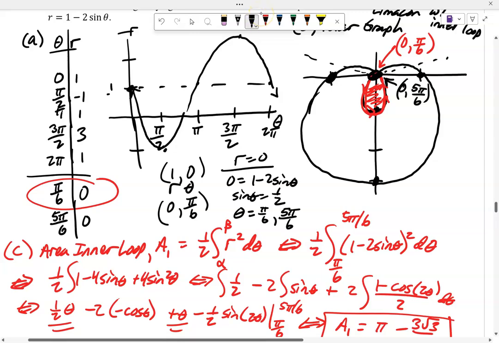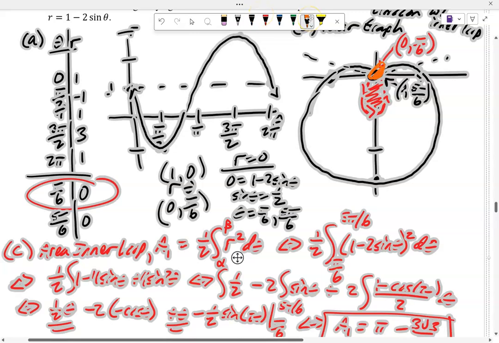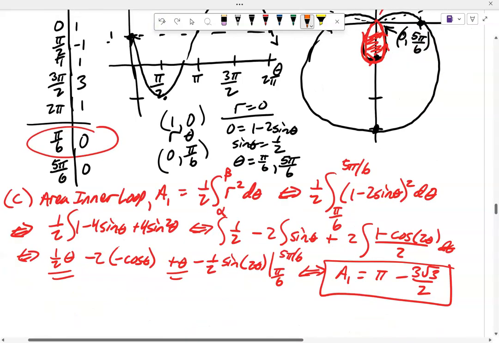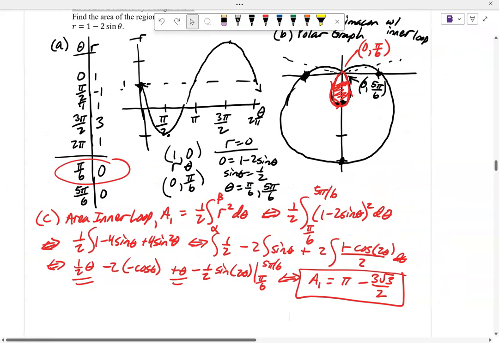So I'm starting out, let me do it in orange right here at pi/6. It's coming around, it's hitting it at 5pi/6, but I've got to keep going until I hit it again right there. So when would that hit again?